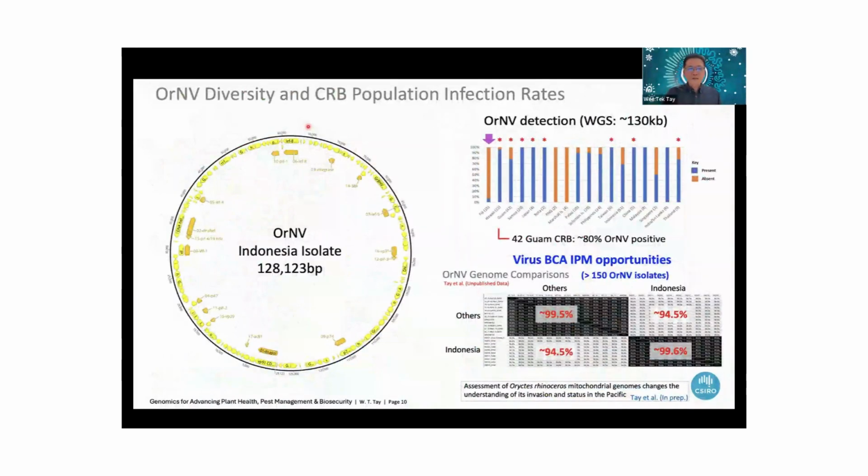We can also use the genome to look at the biocontrol agent. So the Oryctes rhinoceros nudivirus, we can characterize the genome. It's around 130,000 base pairs long. We can look at Malaysian and Pacific Island populations being linked as historically being introduced from Malaysia into the Pacific.